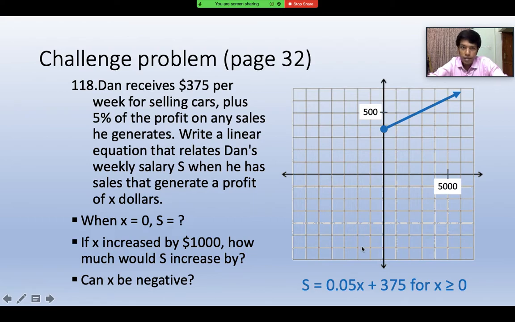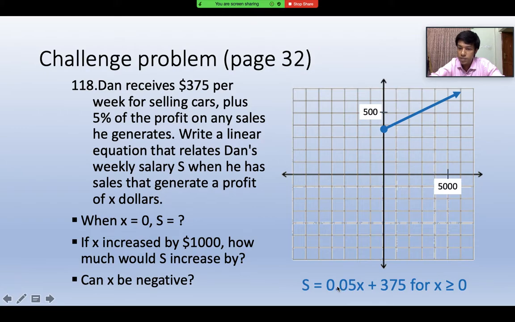So let's come back. Once again, I repeat this very important thing. This is the separate sum of money that does not involve any of his work. He is working for the company, so the company will give him this money. And based on the sales that he makes, based on the profit, he gets 5% of that.